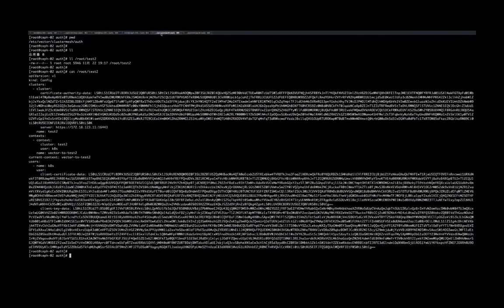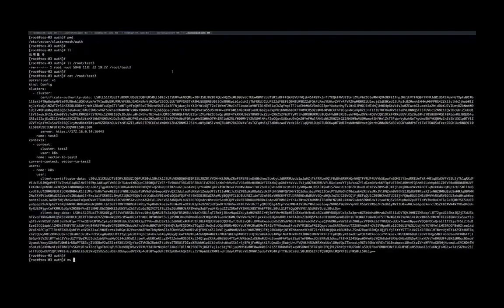Okay, show time again. Copy the certification file of cluster 2 to the directory in cluster 1. Copy the certification file of cluster 1 to the directory in cluster 2. Next, look at what happened.